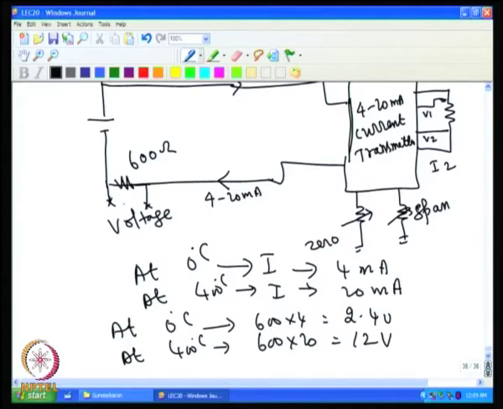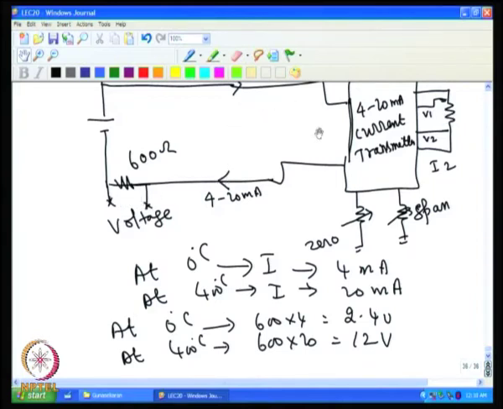So, the voltage across this will indicate the temperature status of the oven or any other object whose temperature is to be measured. So, essentially this temperature is indicated as a voltage across this.